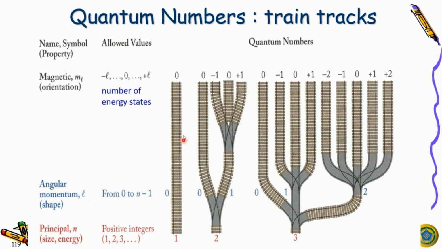Then in the magnetic quantum number, you have the number of energy states, which is 0. For principal quantum number 2, the L shell, you have 2, 0, and 1. The 0 goes to 0, and the 1 goes to -1, 0, and +1.